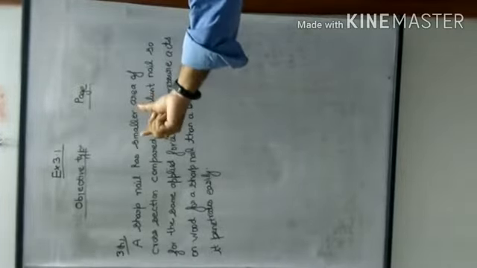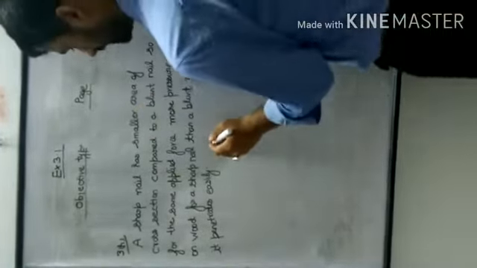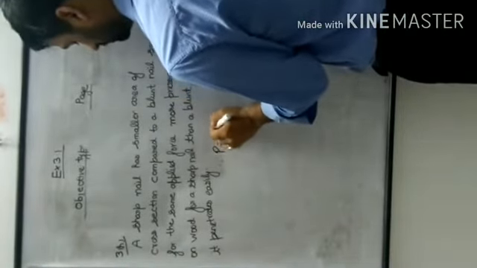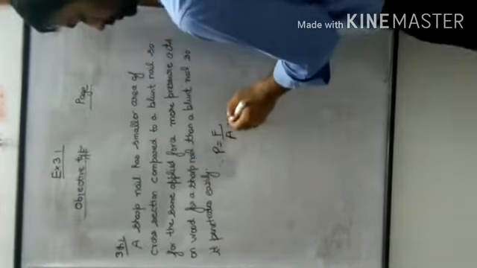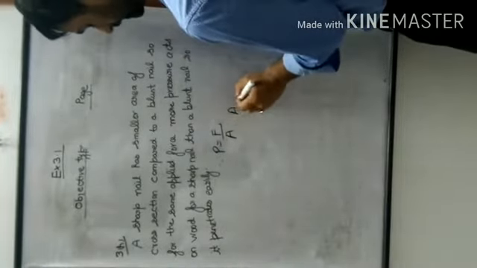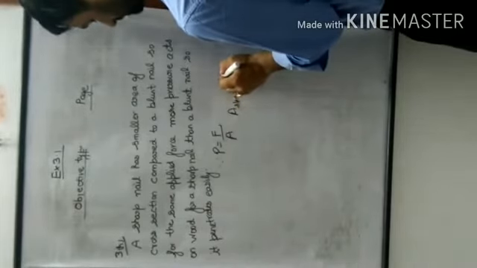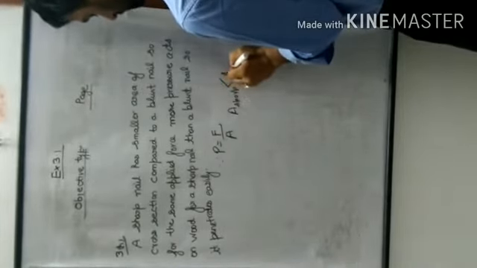So a sharp nail has a smaller area. And what formula will you write? Since P is equal to F upon A, the area of sharp is less than the area of blunt.